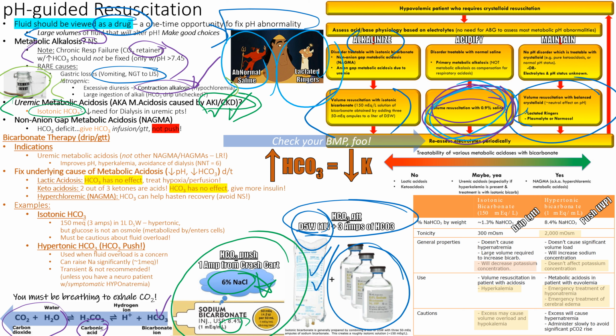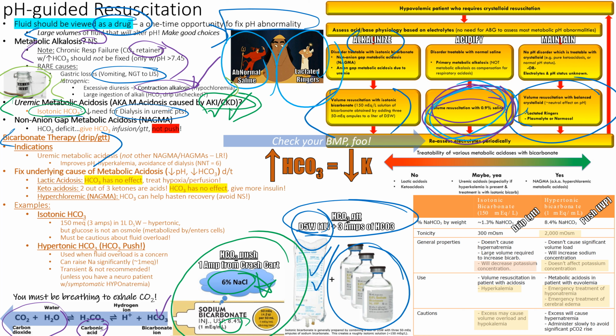Okay? So bicarb drip is given to someone that has an AKI and has a fluid deficit, right? And they found in research that it prevents dialysis. So it's indicated to stop dialysis, right? Those who got it didn't get as much dialysis as those that did not get it.